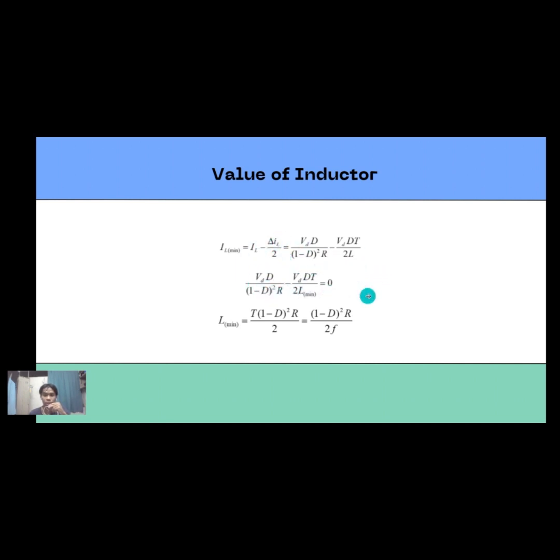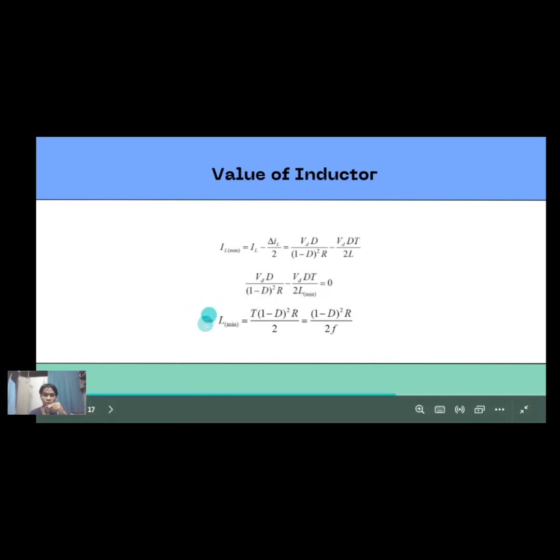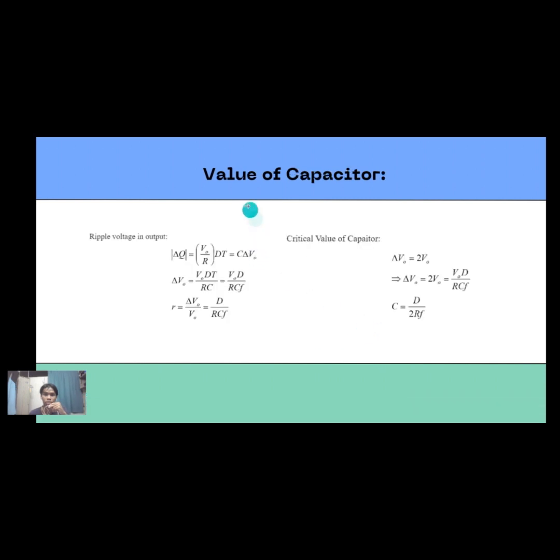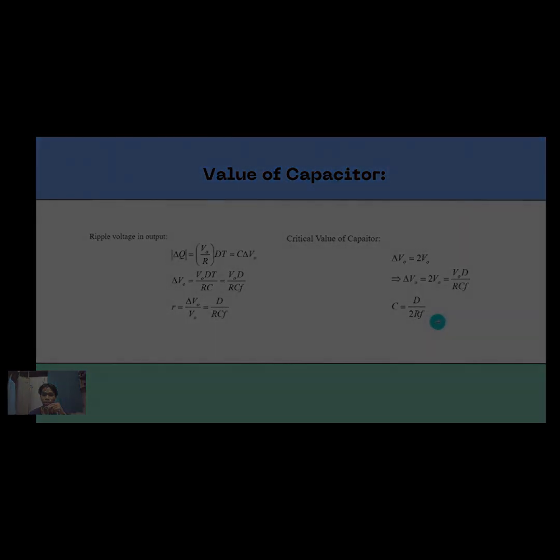So we just insert the equations, and we arrive at the final equation, which is L equals (1 minus D) squared R over 2f. And the last part is for the value of the capacitor. The ripple voltage in the output can be calculated by using this equation: delta VO over VO equals D over RCf. The critical value of the capacitor can be calculated using the formula C equals D over 2Rf.